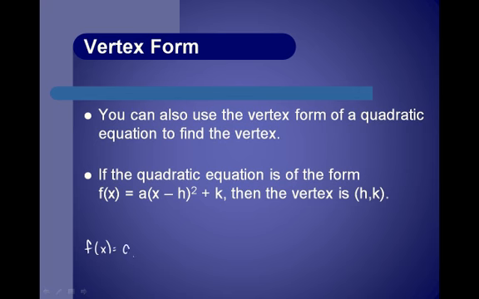If we have a formula of the form ax squared plus bx plus c, then to find the vertex, we're going to use x equals negative b over 2a, and then we're going to plug in that number to find the y value. This is a different one. This is if they give it to us of the form a times (x minus h) squared plus k, then we can just eyeball it. Now, if this factor is x minus h, then the x value is h. Then whatever the number at the end is, that is what k is going to be.